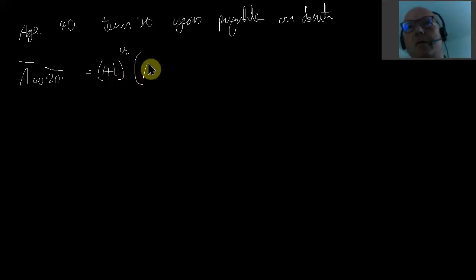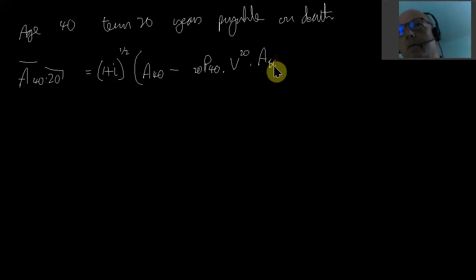And then we just do our formula we learnt in the last section, A40 minus 20p40 times v to the 20 times A60.